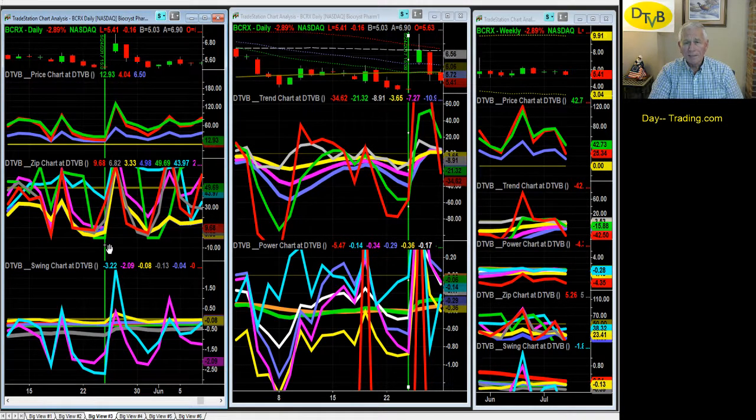Zip Gray is right in there with those two. But the obvious situation is that a difference in the line length can make a difference in the identification of the strength of the movement that's coming up. I mean, it's just really obvious what's happening there.